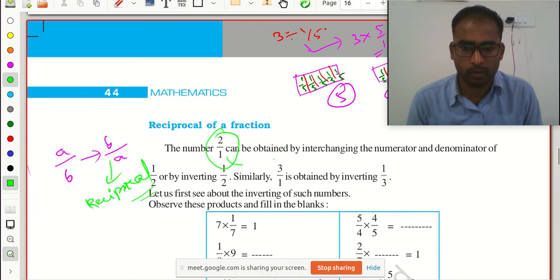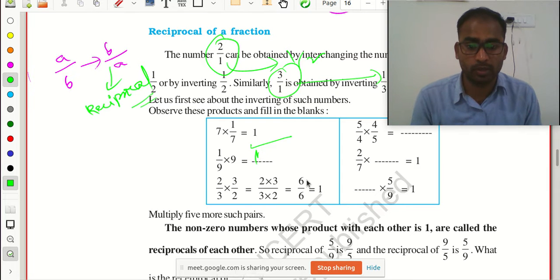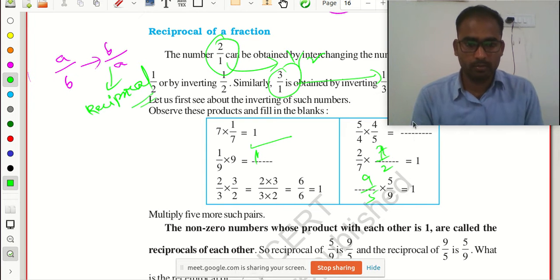What is the reciprocal of 2 by 1? 1 by 2. The reciprocal of 3 by 1 is 1 by 3. Okay, this is the reciprocal. Always the product of two reciprocals is 1. 7 by 2, 9 by 5. Here I will get the 1. Clear?